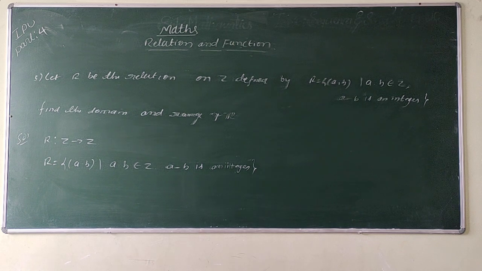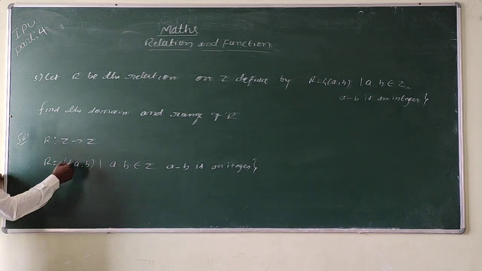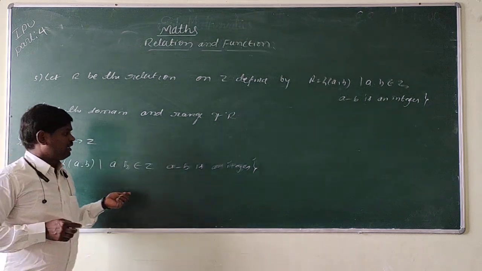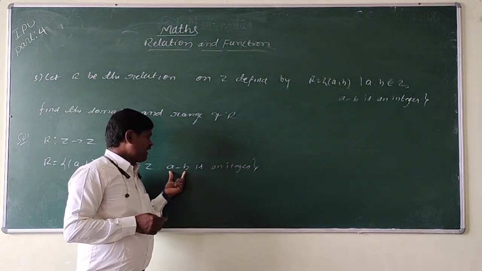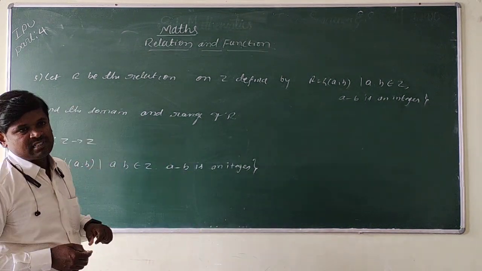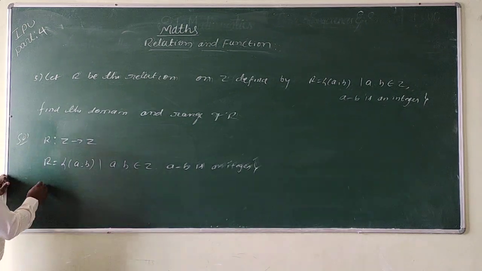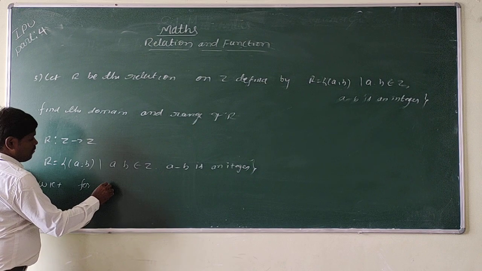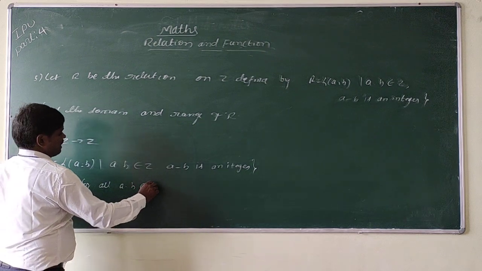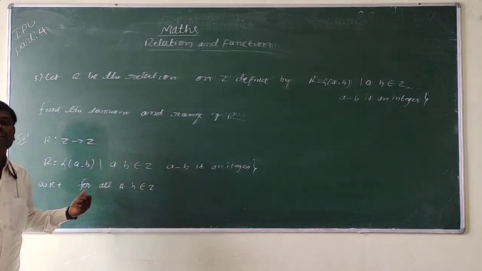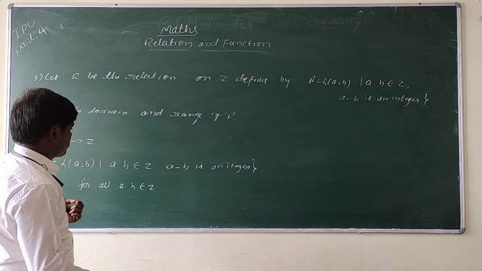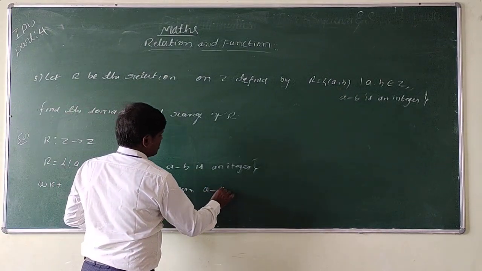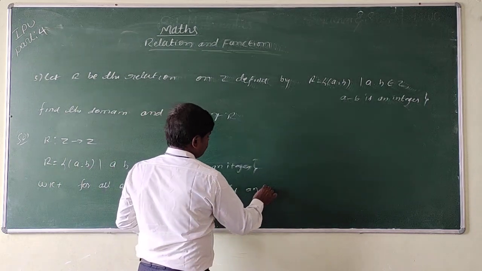So what is the domain here? Domain is the set of first elements of the ordered pairs. Observe, the relation is defined as a minus b is an integer. For all (a, b) belonging to Z, that means for any elements a, b in Z, a minus b is definitely an integer.